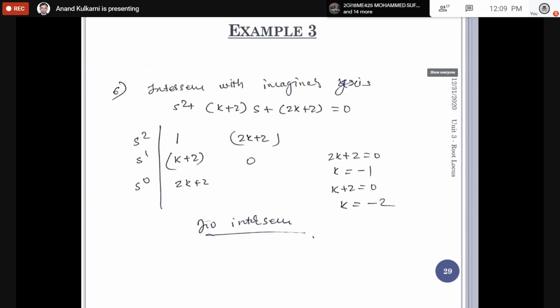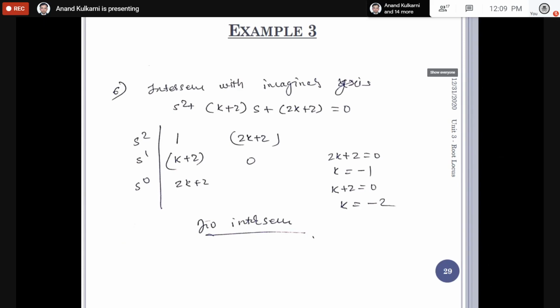Root locus means we are plotting the roots by changing the value of k from positive 0 to positive infinity. If you are getting the value of k negative, we are not bothered about it at all, because negative values of k we are not plotting. When the negative values of k are there, the system is going to be unstable only.